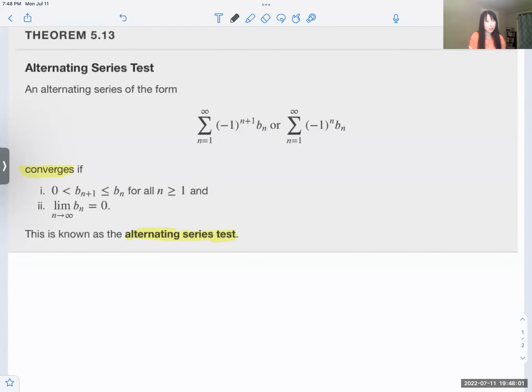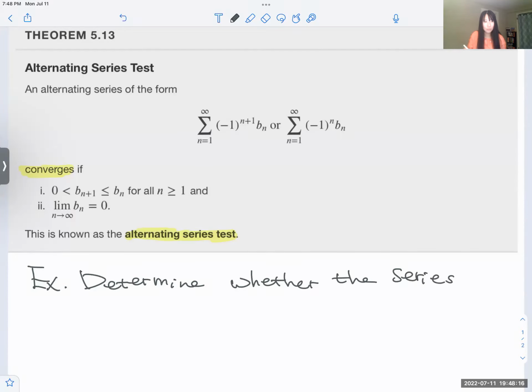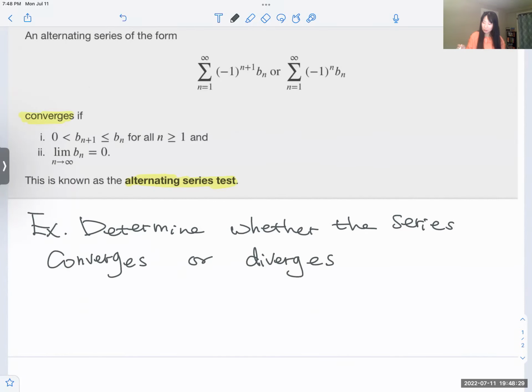All right, so let us do this. Determine whether the series converges or diverges.